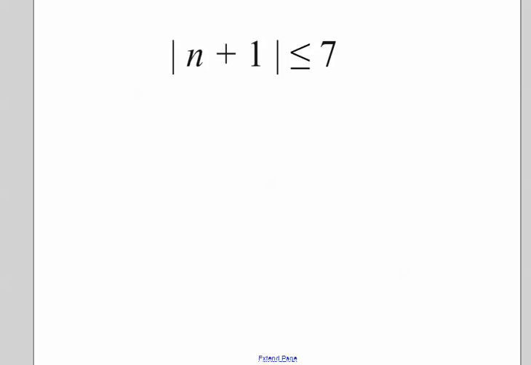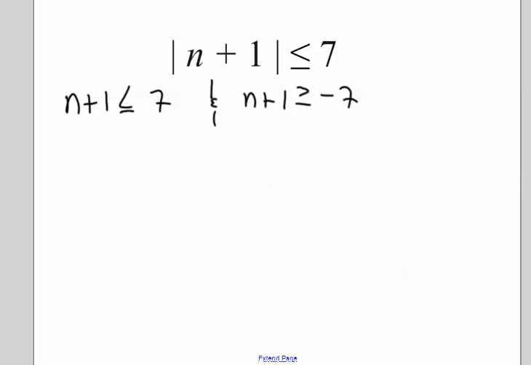All right, check it out. This one, which one are we going to use? It's less than or equal to 7, so are we using the "or" or the "and" compound inequality? That's right, we're using the "and". So when we set this up, we're just going to go n plus 1 is less than or equal to 7, and n plus 1 is greater than or equal to negative 7.